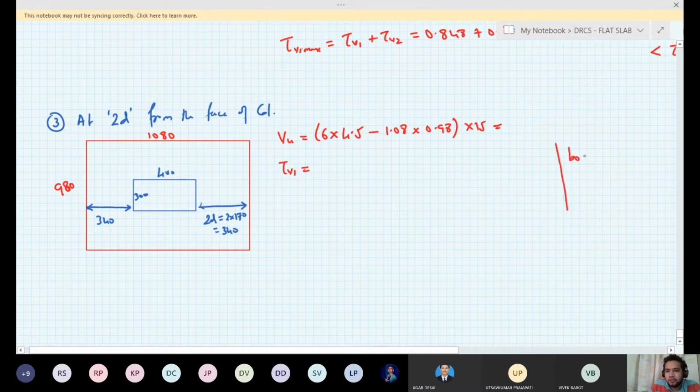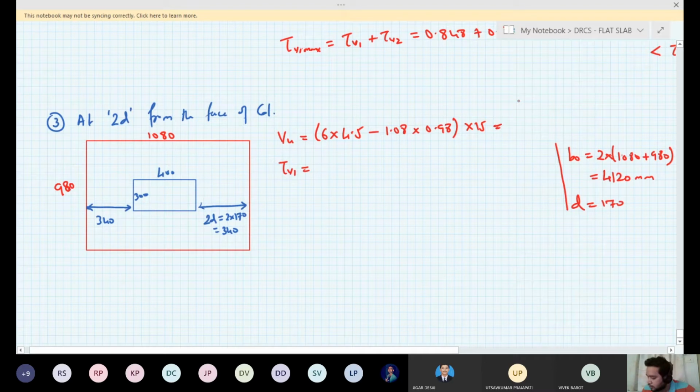Now here your b0 will be 2 into 1080 plus 980, so that will be 4120 mm, and d is 170.